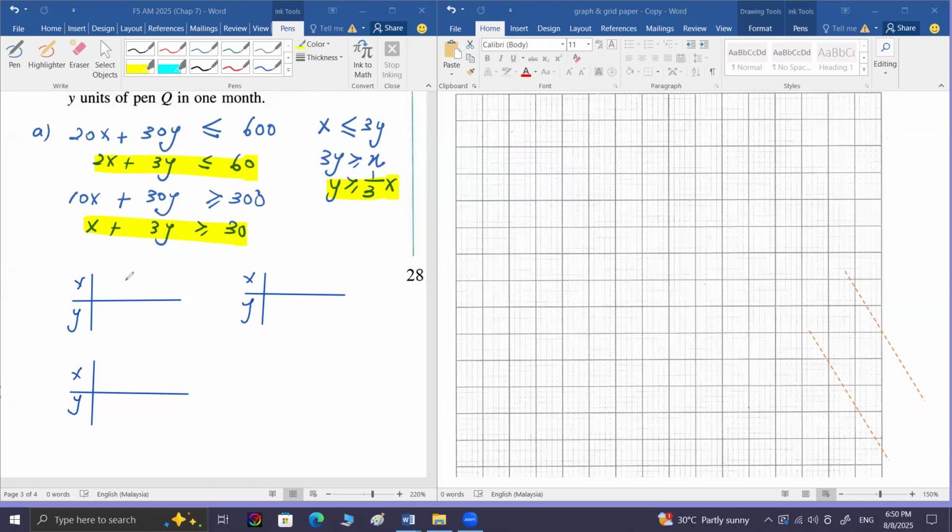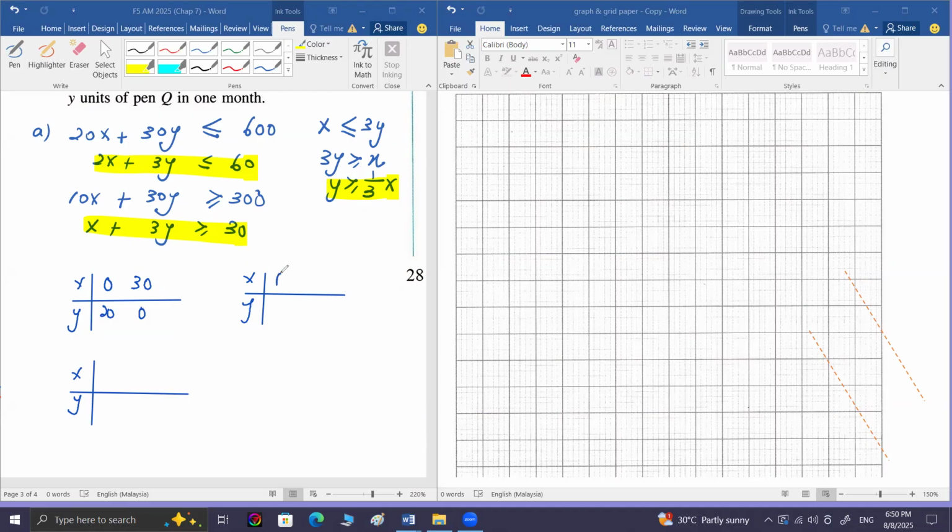For example, this one: x is 0, remember I taught you to get each zero, x is 0, y is 20; y is 0, x is 30. Now you can make this table to decide the scale of the numbers.